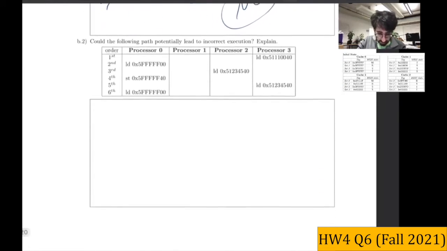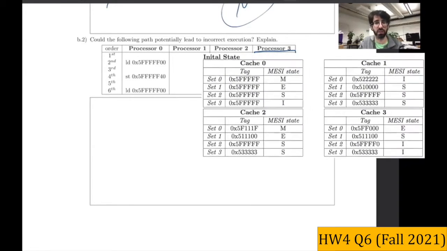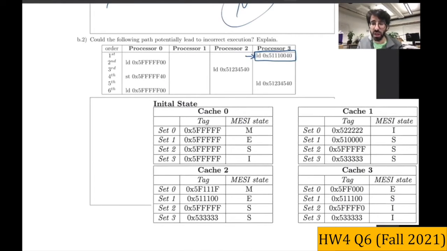So let's go to the following question. Could the following path potentially lead to incorrect execution? Explain. So let's do the same. Let's start with the first instruction, executed by processor 3, which is the instruction that was struck, the cache line that was struck by the cosmic rays.